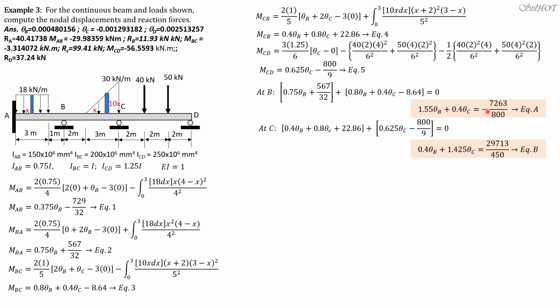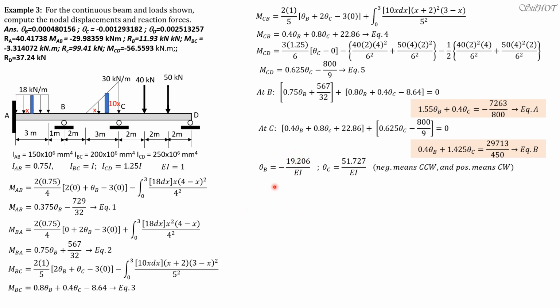So there are only two unknowns, theta B and theta C. Solving these two equations simultaneously gives theta B equals negative 19.206 over EI and theta C is positive 71.727 over EI. The negative sign means, because this is slope deflection, counterclockwise.